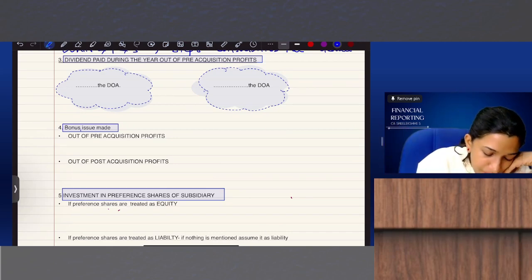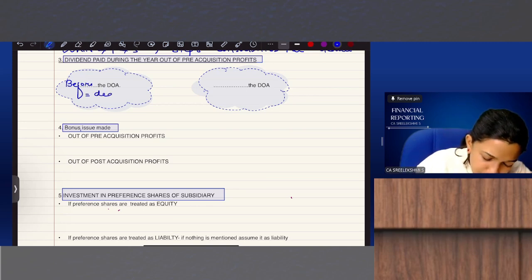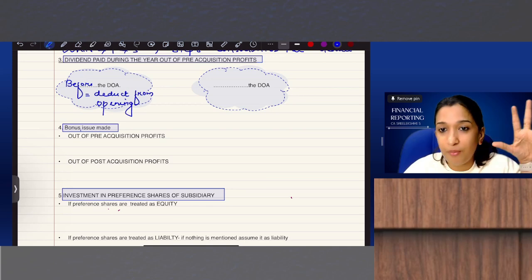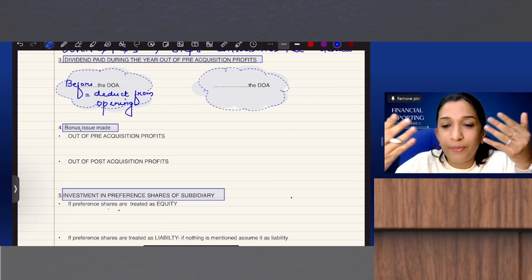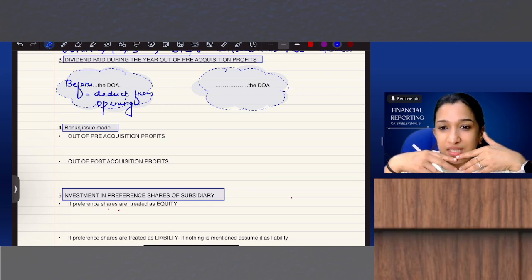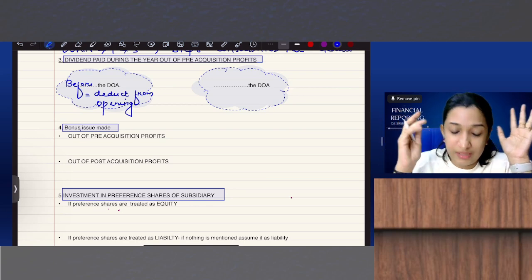If it is paid before the date of acquisition, deduct from opening profits, because before the date of acquisition, the opening profits are already reduced to that extent.